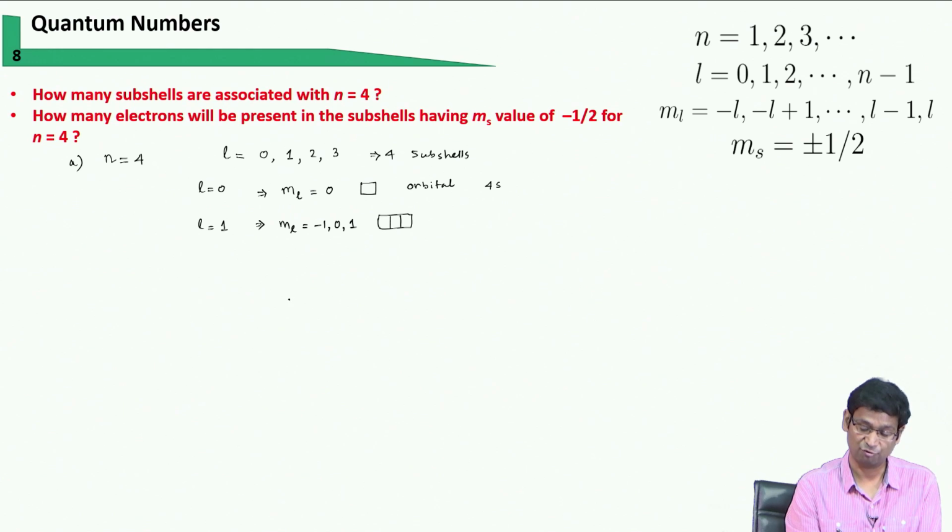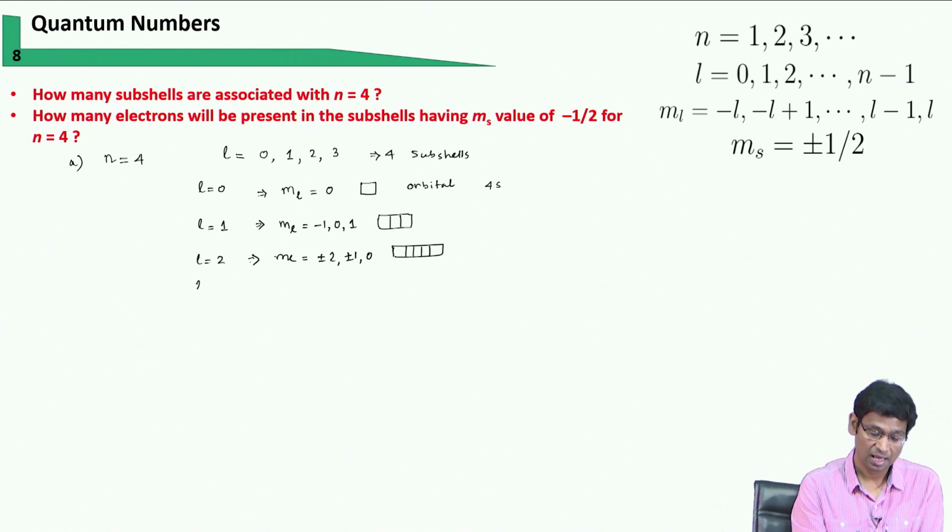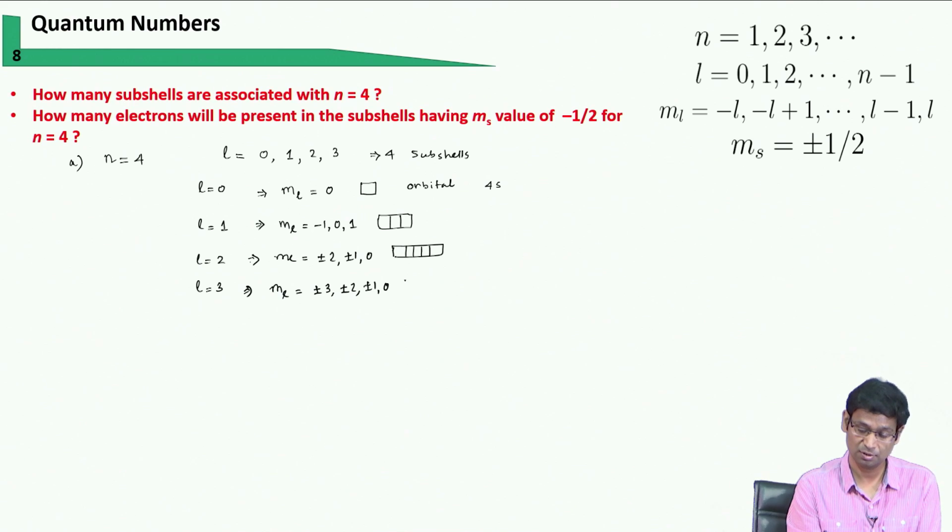So, this can be 4p, and for L equals 2, I have ml equals plus minus 2, plus minus 1, 0. Therefore, 5 orbitals in this subshell, and for L equals 3, I have ml values going from plus minus 3, plus minus 2, plus minus 1, 0. Therefore, 7 orbitals.